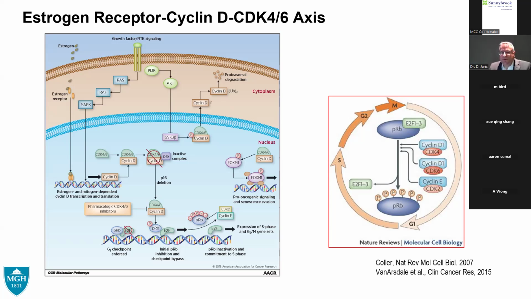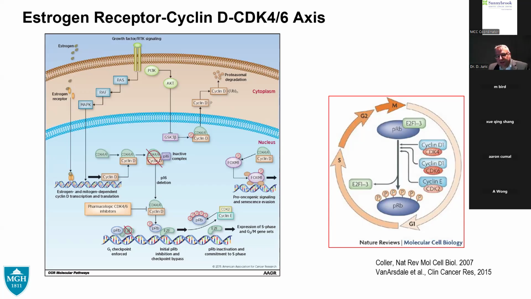And one of the most beautiful aspects of translational research in the past 10 to 20 years is how far we came in mapping out the signaling networks that drive the behavior of these tumors.